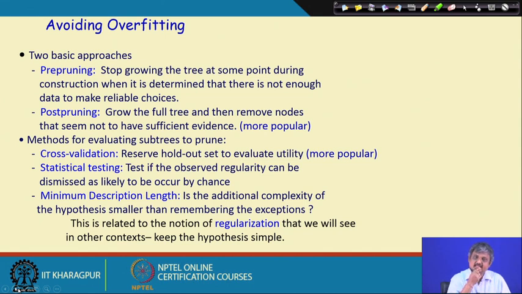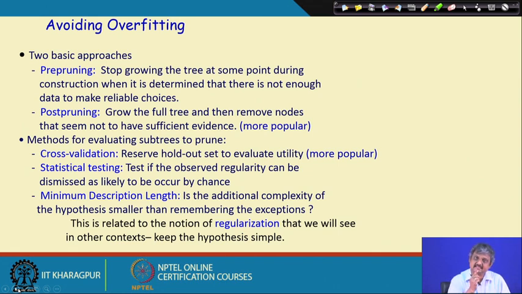Which branches to cut? You do something called cross validation. That means you take the training set error, consider the test set error and see how much error you are getting. If it is high, you don't prune that, don't stop, grow that branch further. Otherwise, there is something called a description length.